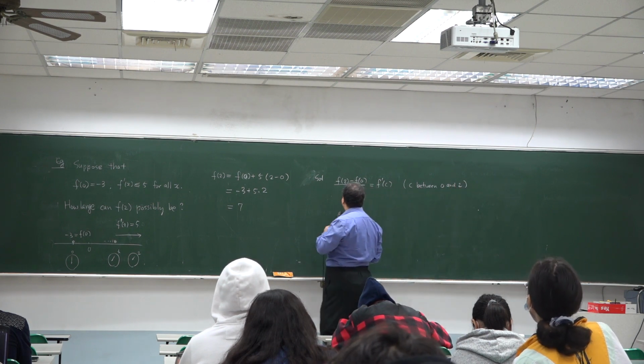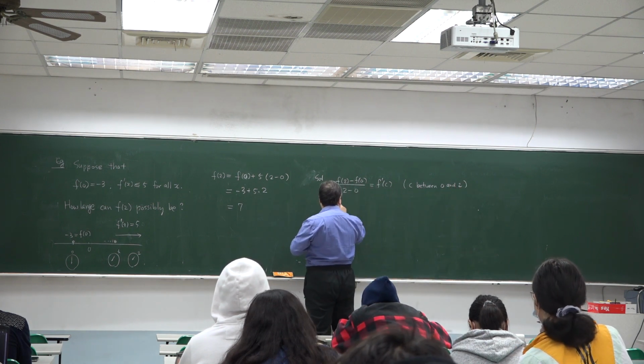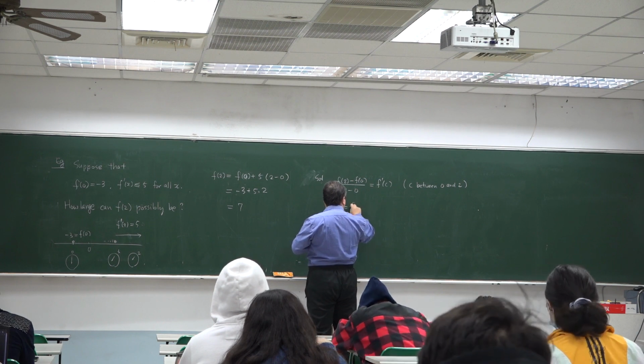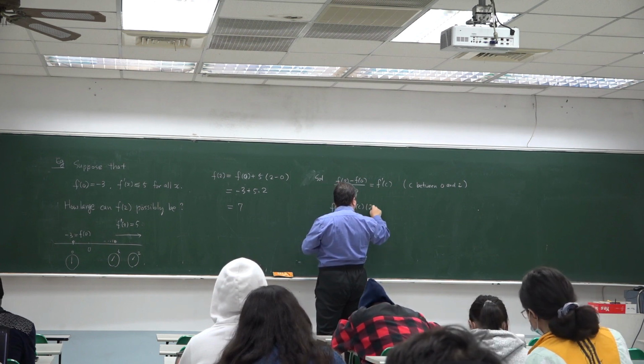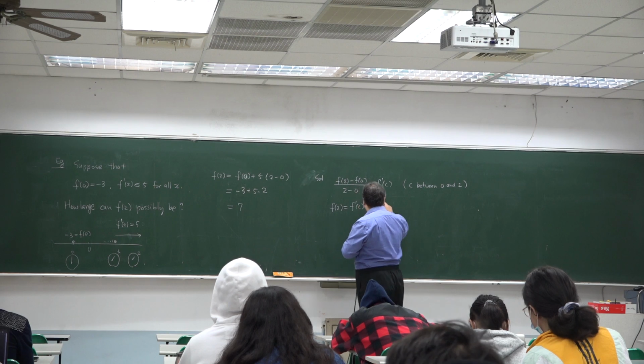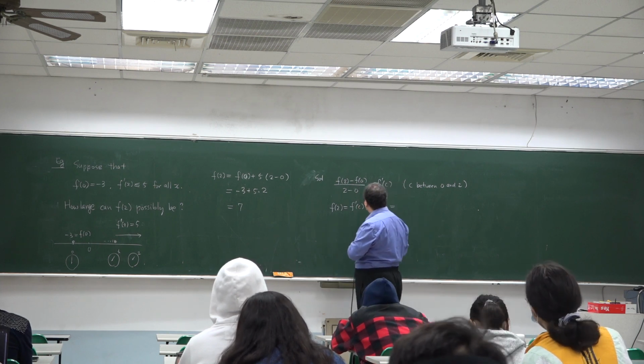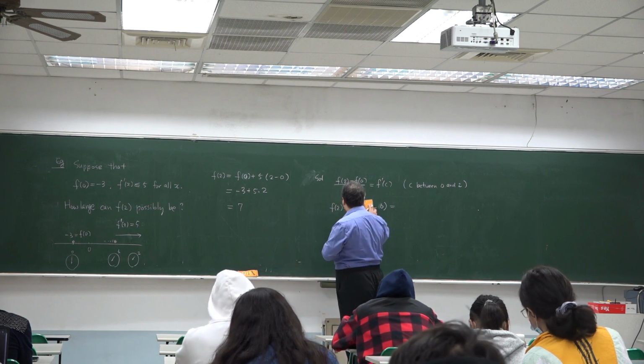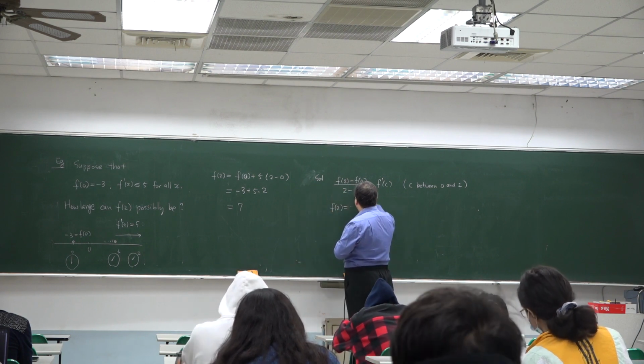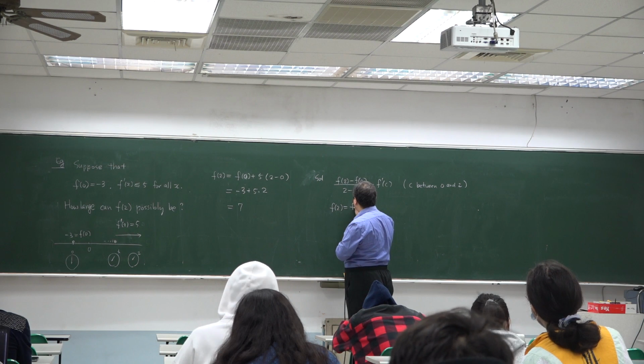So we have f(2) equals f(0) plus f prime of c times 2 minus 0.